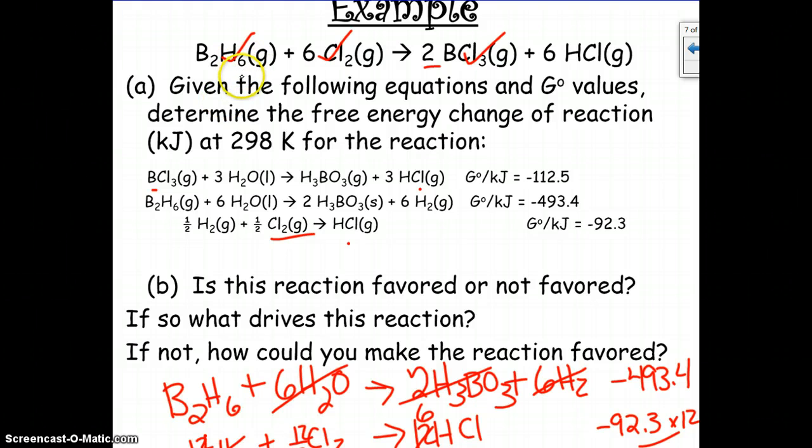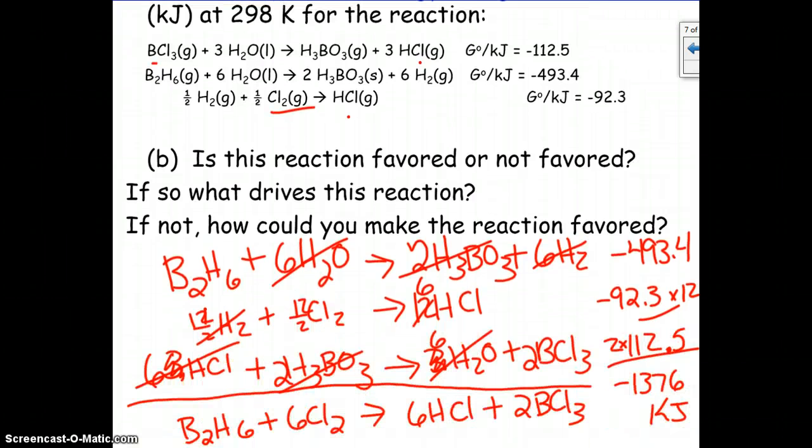We really don't know anything about delta H. But we can determine a little about delta S just by looking at it. All right, so we do have all gases, and then we have 7 moles on this side and 8 on this side. So we are having an increase in the number of moles, so we're likely going to have a positive entropy, which means that this reaction could be driven by entropy.